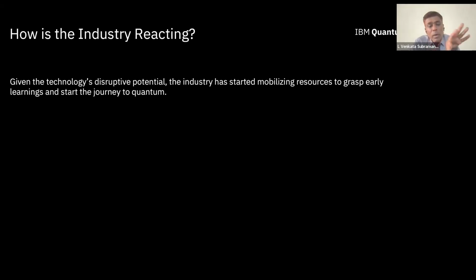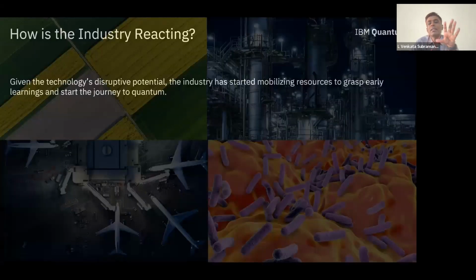And in that word cloud, many of you had put a lot of what you thought are the good applications. So let's look at how the industry itself is shaping.